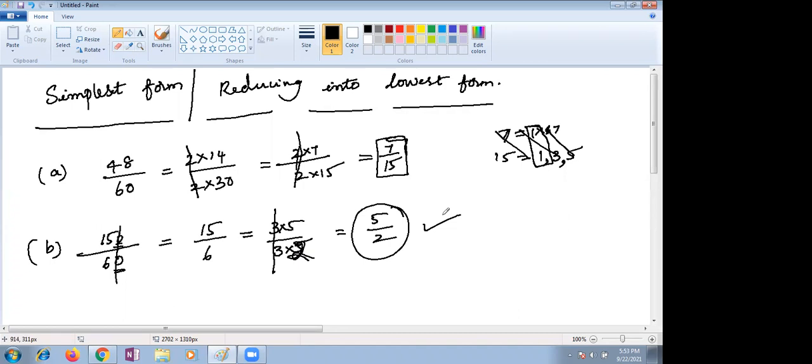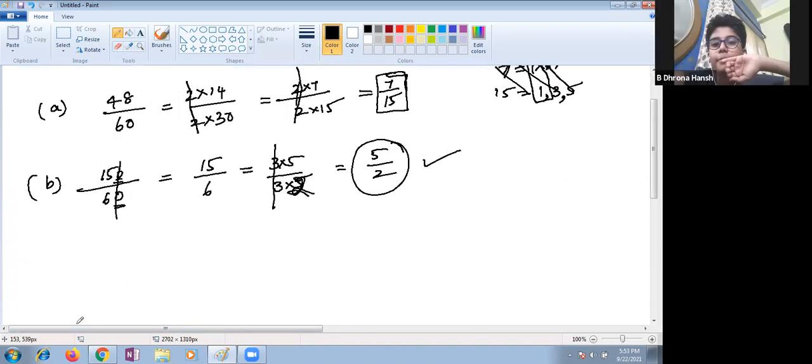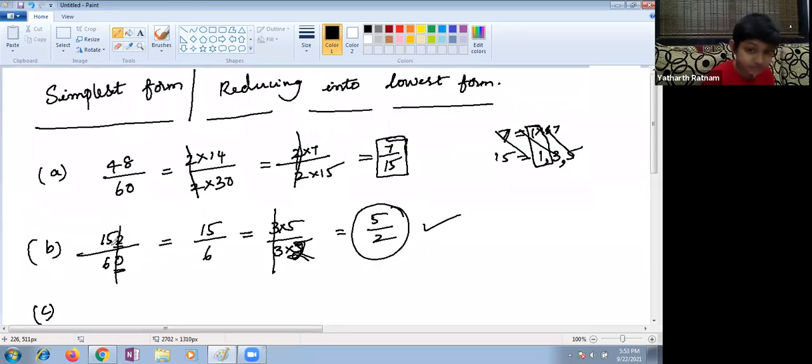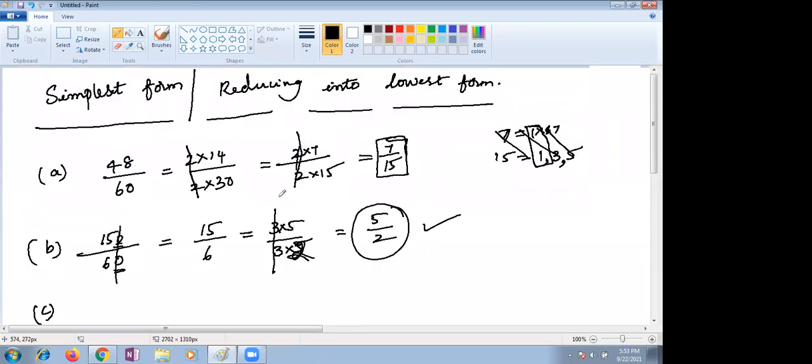That's all. Can I give questions to you, children? Are we clear? Yes, ma'am. Out, elimination method, out method, simplest form, reducing into lowest form. These are the keywords to remember. We are playing games, right, children?